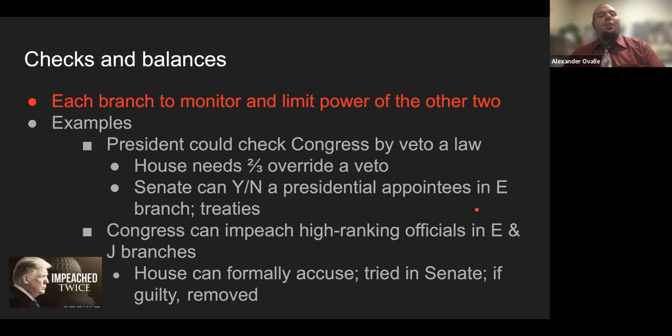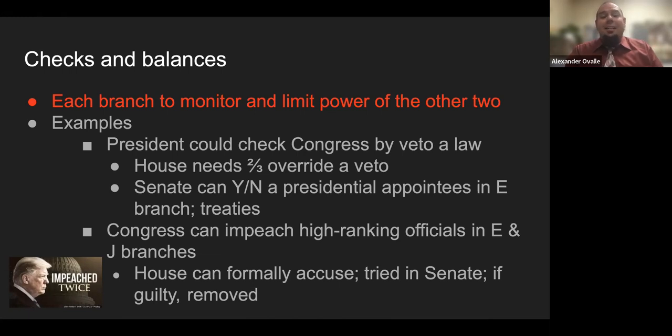Checks and balances. Each branch was to monitor or limit the power of the other two, give a check. Some examples, you don't have to write these down, they're just examples. A president could check Congress by vetoing a law. If they don't like his veto, two-thirds of the House of Representatives needs to override the veto.